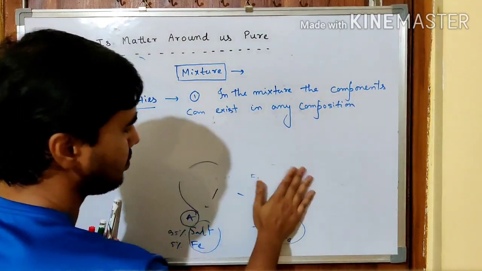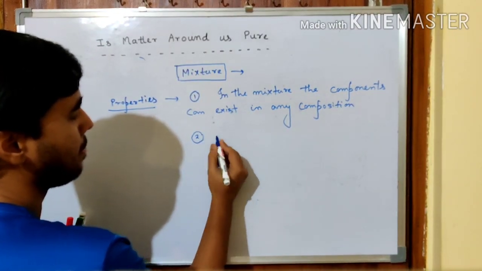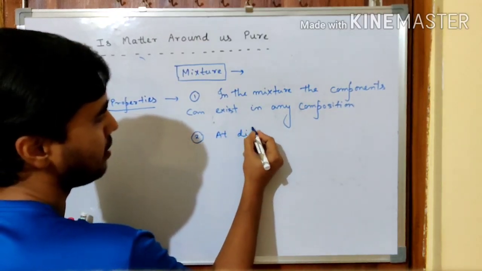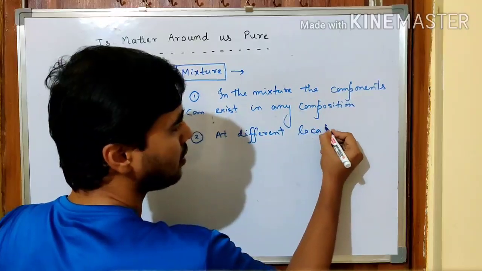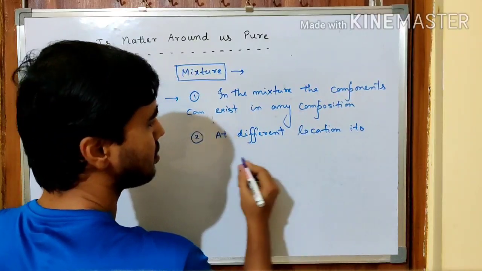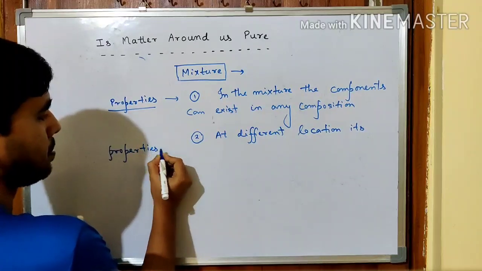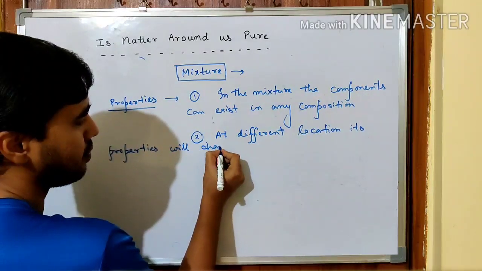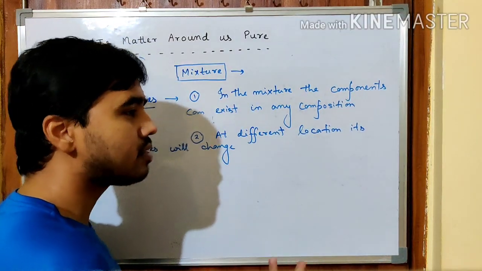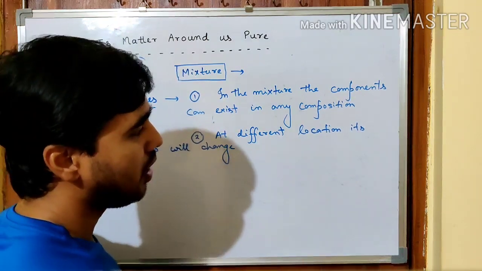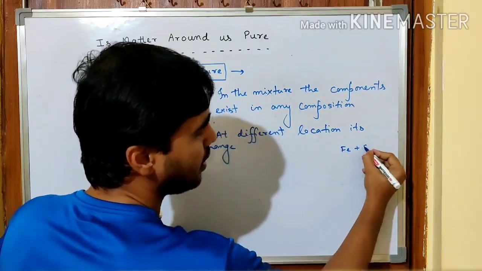The next is, at different locations, its properties will change. Because, giving a very simple example, suppose you mix iron in sugar.